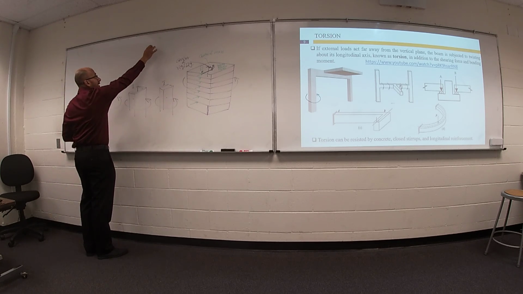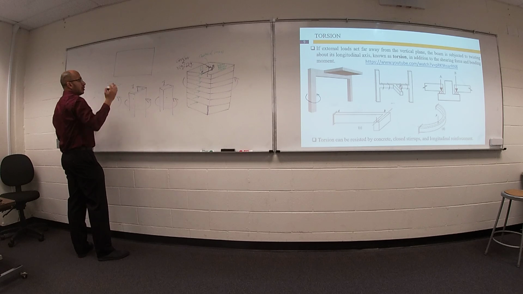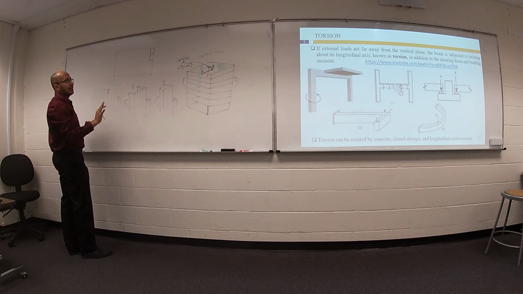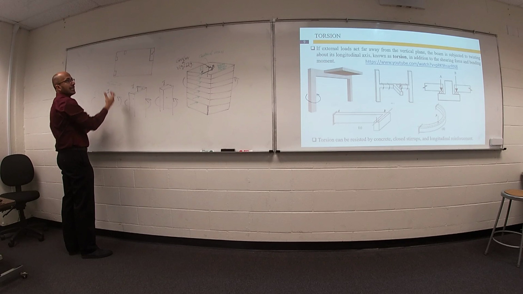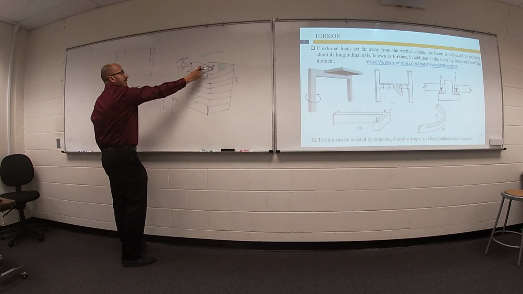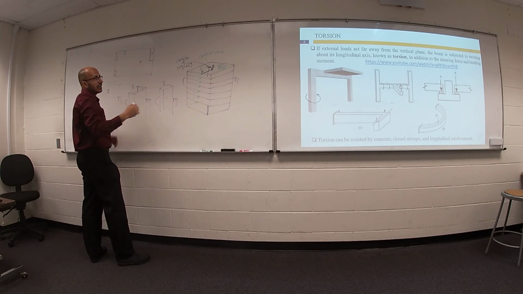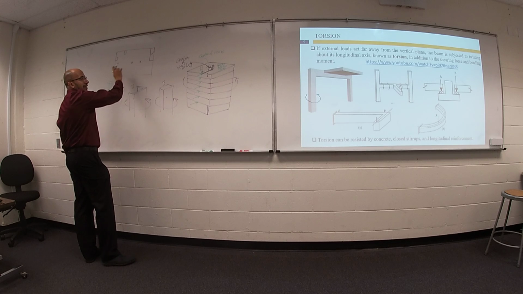Fatal mistake: if you have a floor plan and you put very strong column at this location only and very weak column on the other, that means the center of rigidity will be on this side. Most of the time, the center of mass is at the middle.